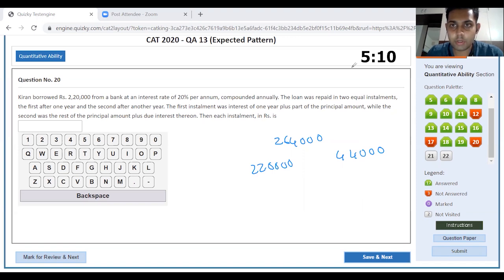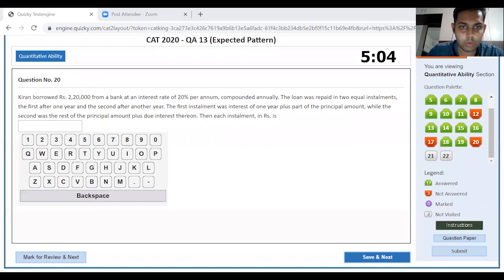Understood. While doing this calculation, I did a certain mistake, right? That is 264,000. Even that is supposed to be multiplied by 1.2, right? Divided by 2.2.